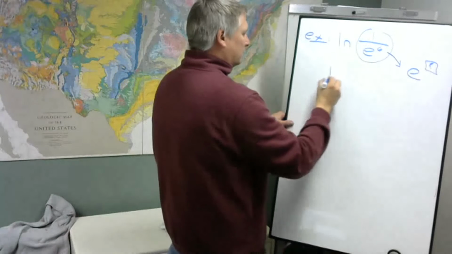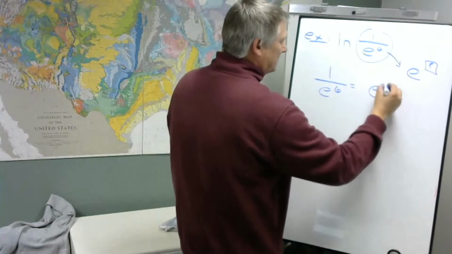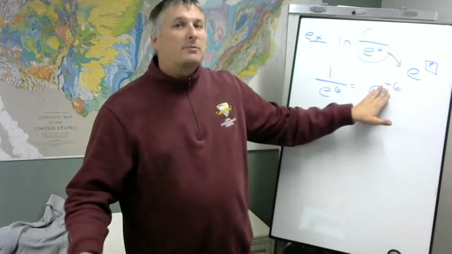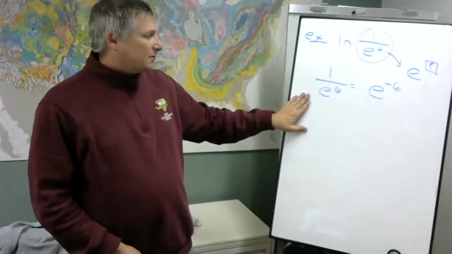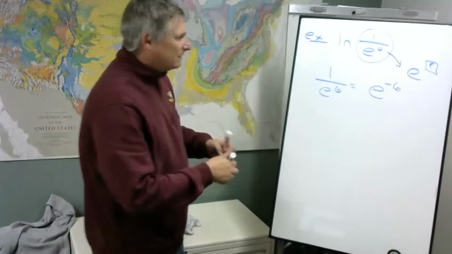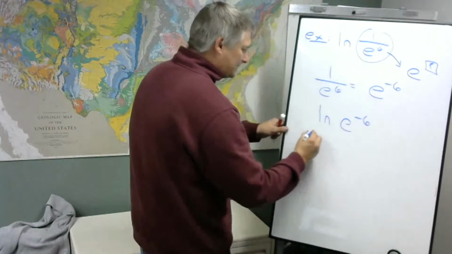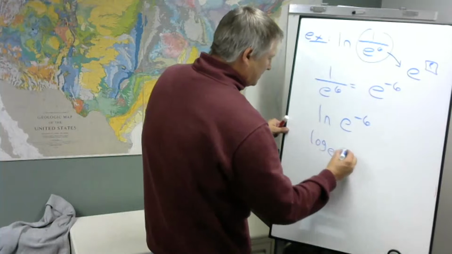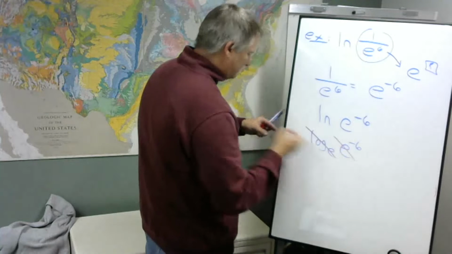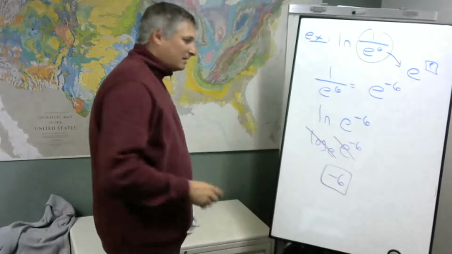So 1 over e to the 6, we can rewrite as e to the minus 6. Because remember, when you have a minus, we just take the reciprocal and then we can drop the minus sign. So we'll start with this and go backwards. Now we have the natural log of e to the minus 6. And again, this is log base e of e to the minus 6. We just have negative 6. And that's our answer.